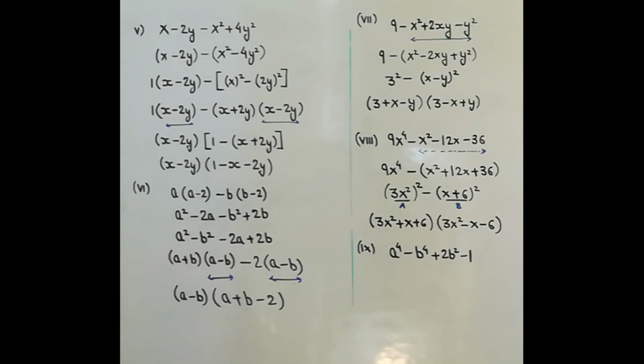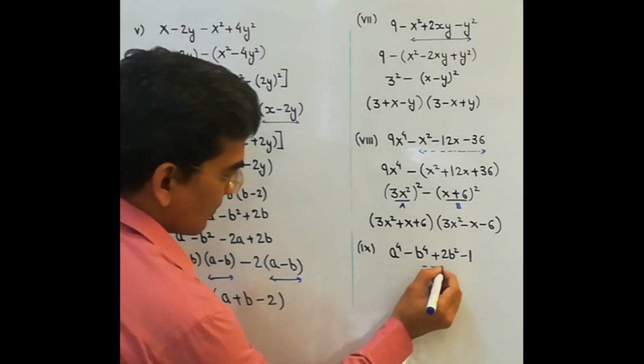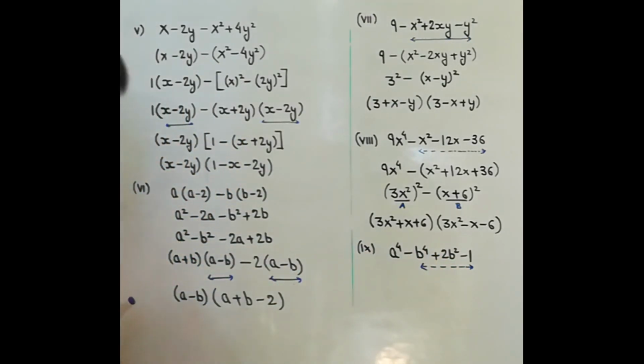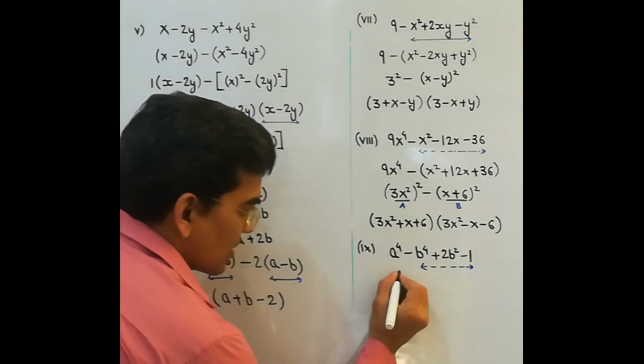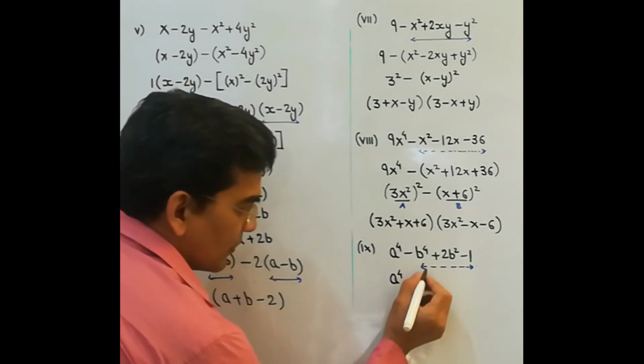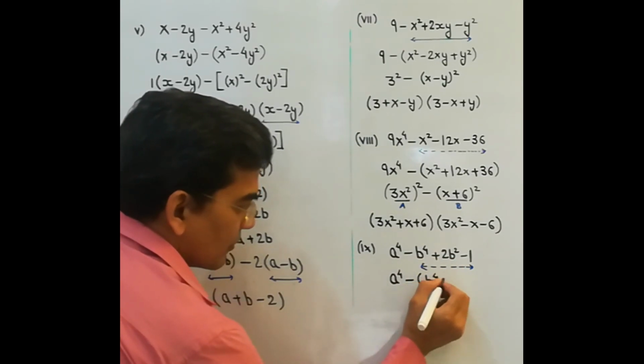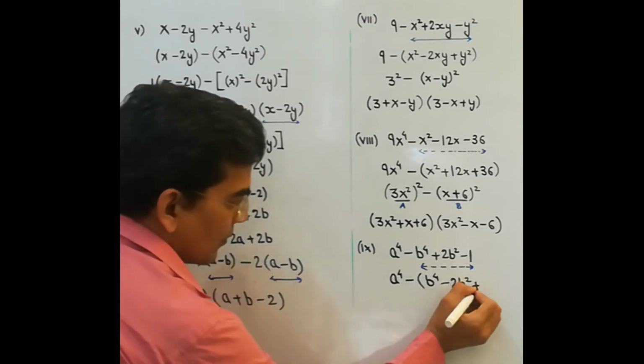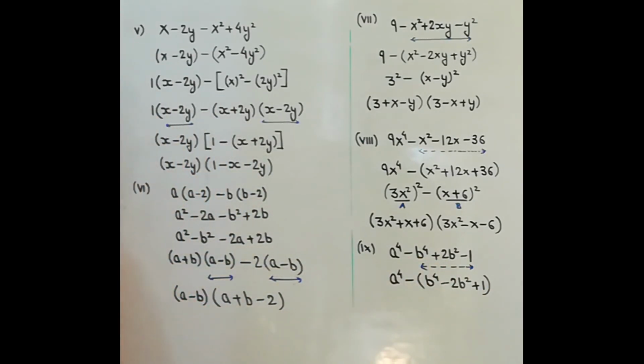Now in this question also, if you see, the last three terms taken together in a group will give us a whole square formula. So first of all, we are going to take minus. The group is starting with a minus sign. So the sign will change. We have taken minus common.